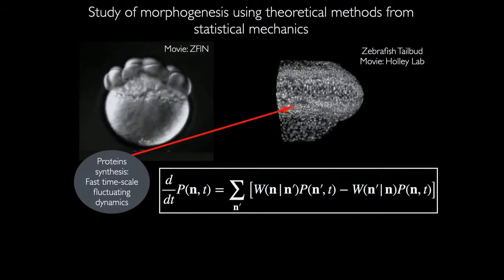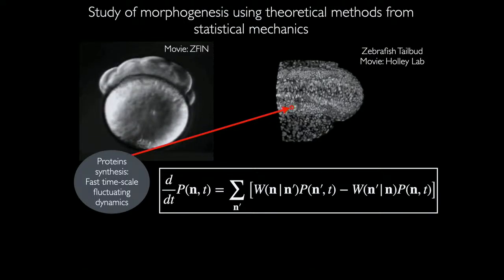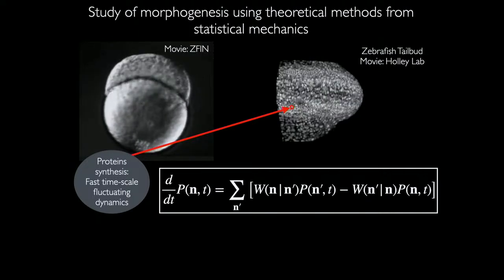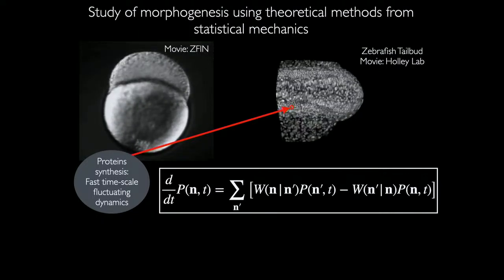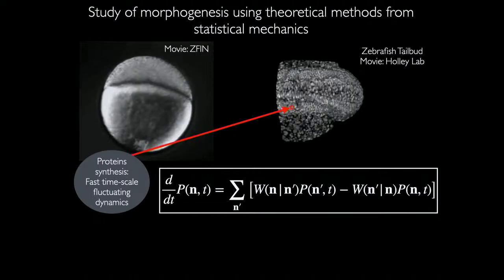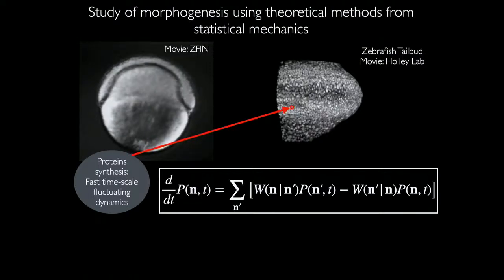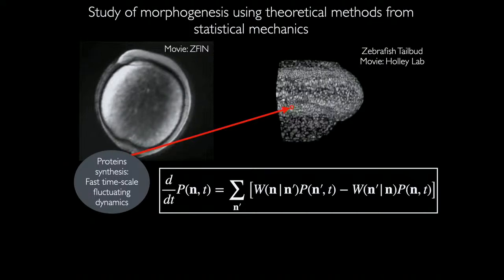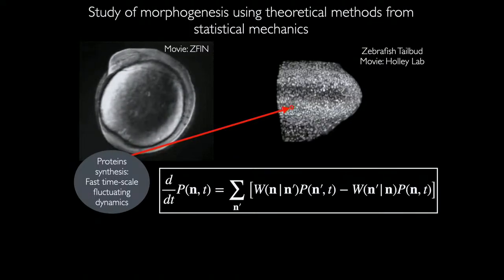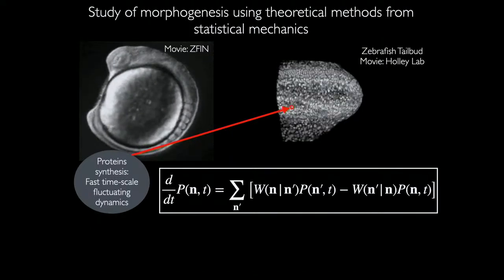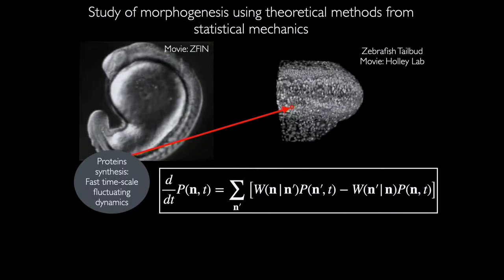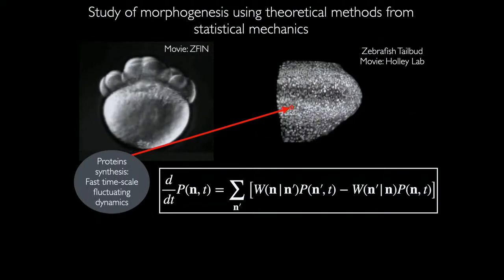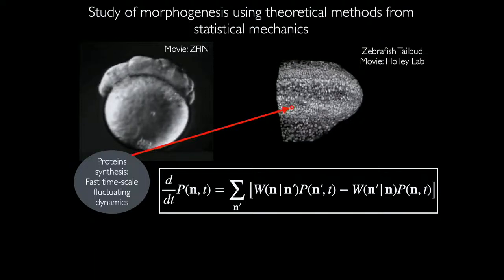You can calculate average quantities of these proteins, and those will be dynamical equations for the proteins interacting with various other proteins. This is where the whole notion of dynamical systems or nonlinear dynamics comes in, where you can use those to see how this whole network of proteins will evolve.